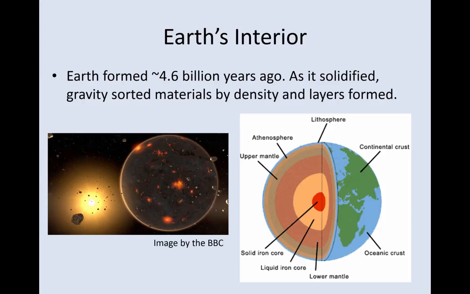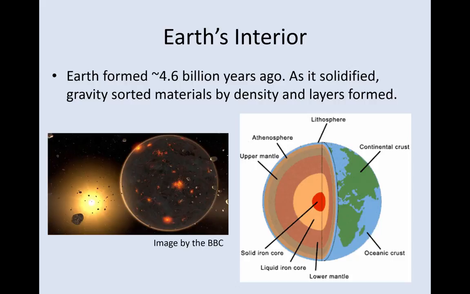One of these is that if we're looking at the Earth, we actually need to get some idea of how the Earth is formed. What's inside, deep down beneath the planet that we know the surface of. One thing we can take from this is that Earth is actually both quite old and quite complex. The Earth formed about 4.6 billion years ago as the gas and the masses that made up the Sun and the rest of our solar system started to coalesce due to gravity and to solidify.